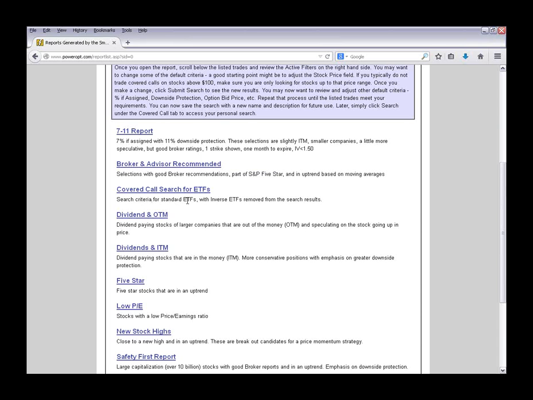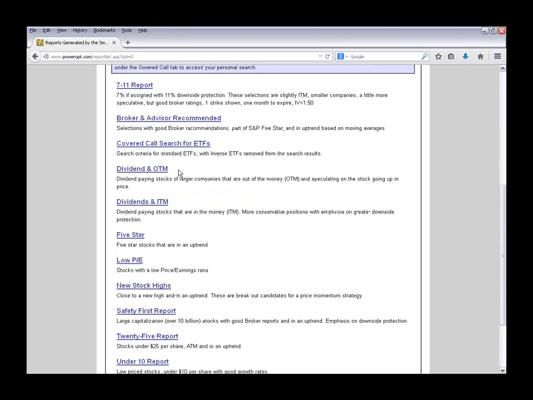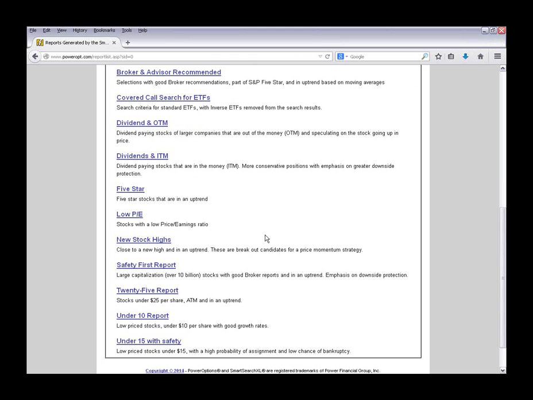There's a basic covered call screen for ETFs, where the inverse ETFs are removed from the search results, but you can also choose to remove leveraged ETFs as well, and we'll walk through that in a little bit. If you prefer to trade your covered call positions on dividend-paying stocks, there's a dividend and out-of-the-money screen and a dividend and in-the-money screen as well.